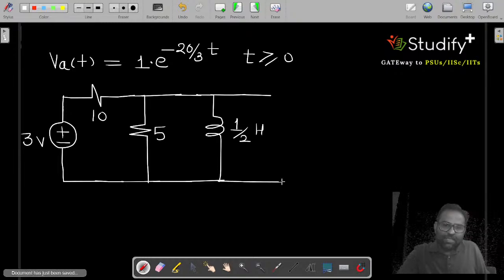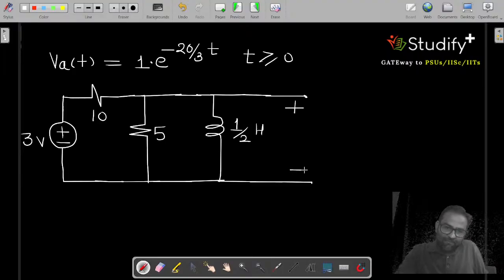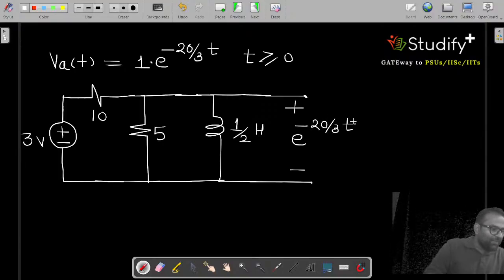And it is given that the voltage across each component is given by e to the power minus 20 by 3t.